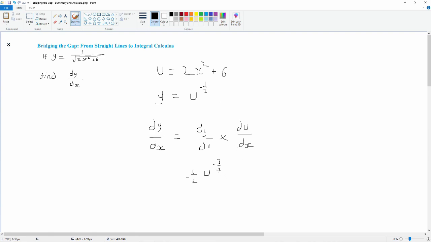I want to make that look a bit more like a 2 so I don't get confused.